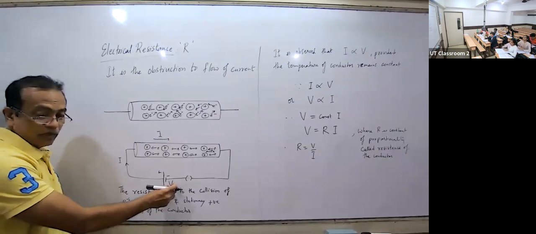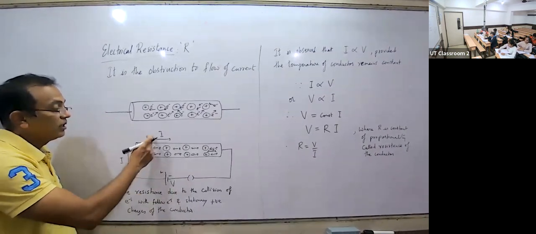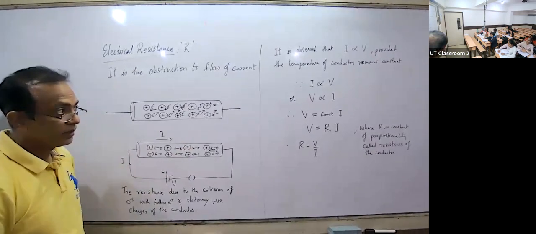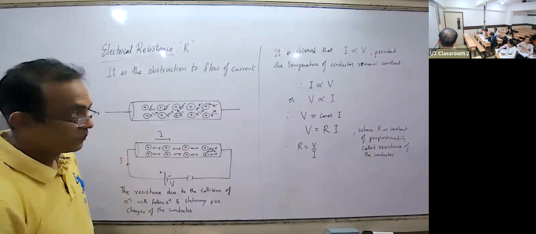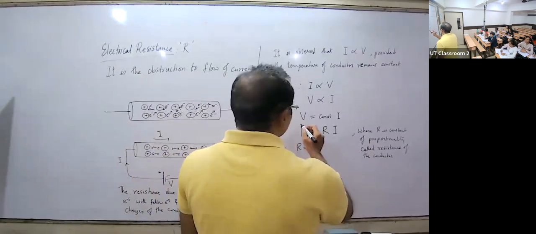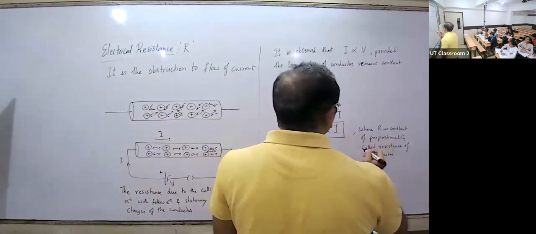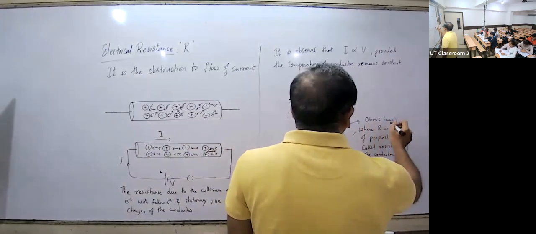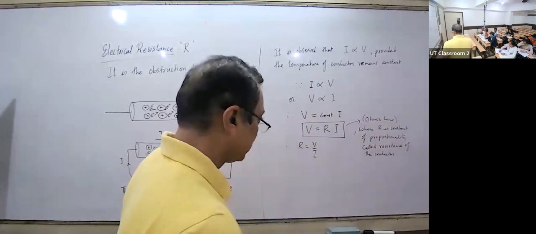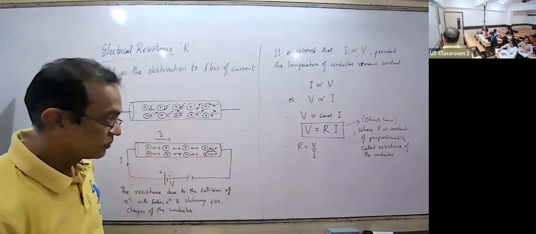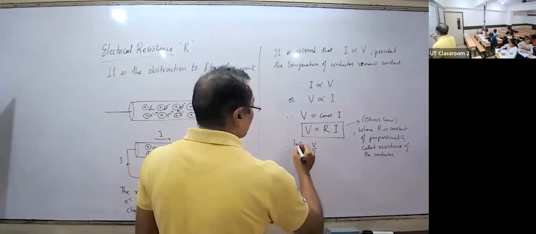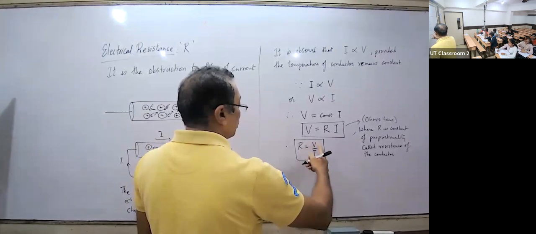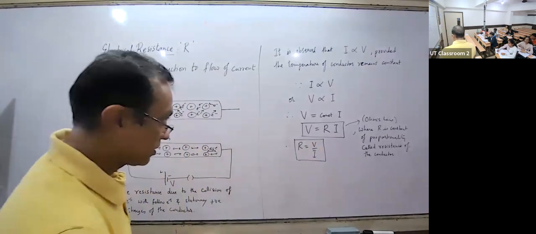Whenever we increase the voltage, current increases in direct proportion. That is why V is proportional to I. This expression is called Ohm's law. So we can find resistance from Ohm's law as the ratio of applied voltage to current flowing in the conductor.